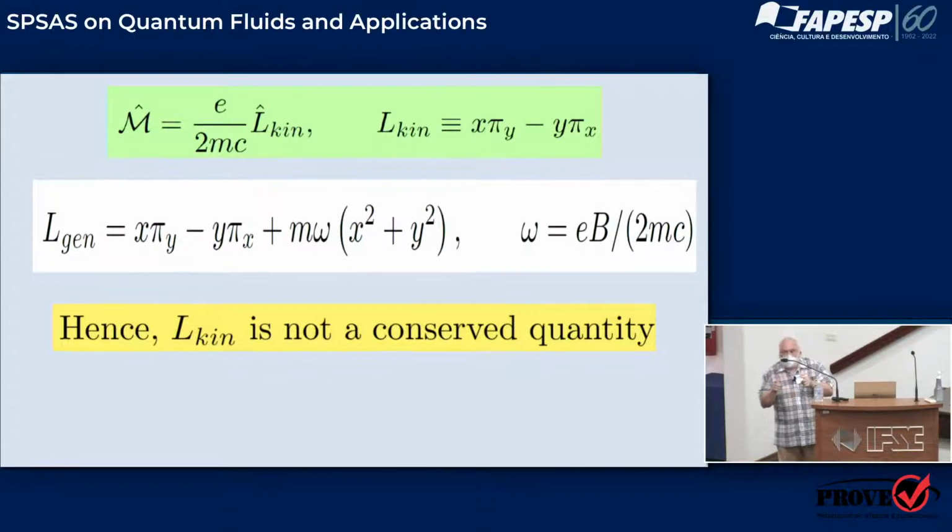If we have a magnetic field, there's some generalization, and the generalization will be this one: the kinetic angular momentum plus this term which contains the space extension of our wave packet. And in general, this total quantity is conserved, okay?